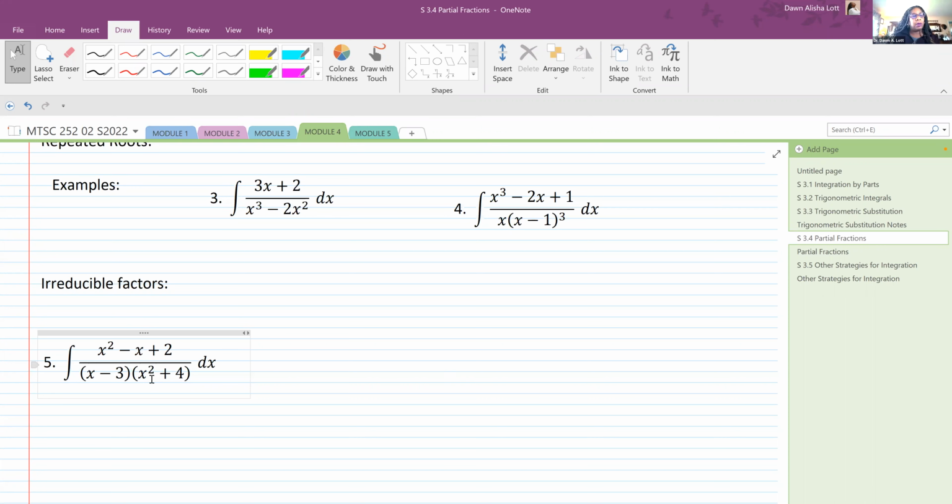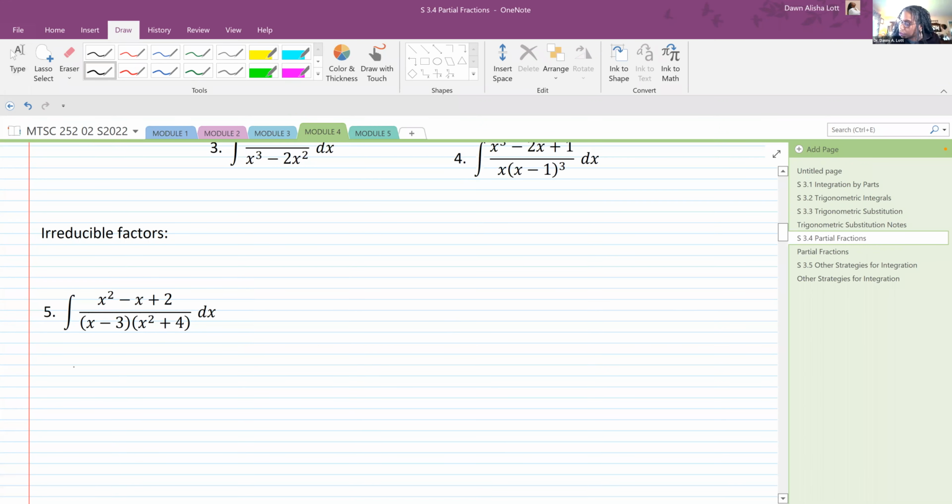So the first thing I'm going to do is take x squared minus x plus 2 divided by x minus 3 times x squared plus 4. And from before, we know that this is A over x minus 3.